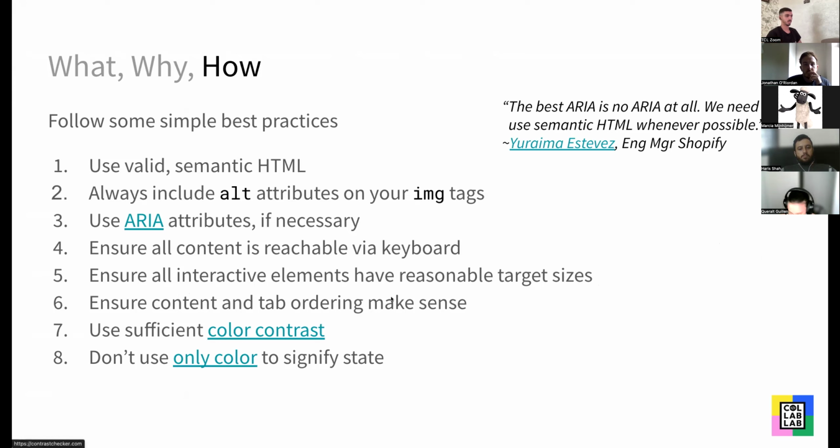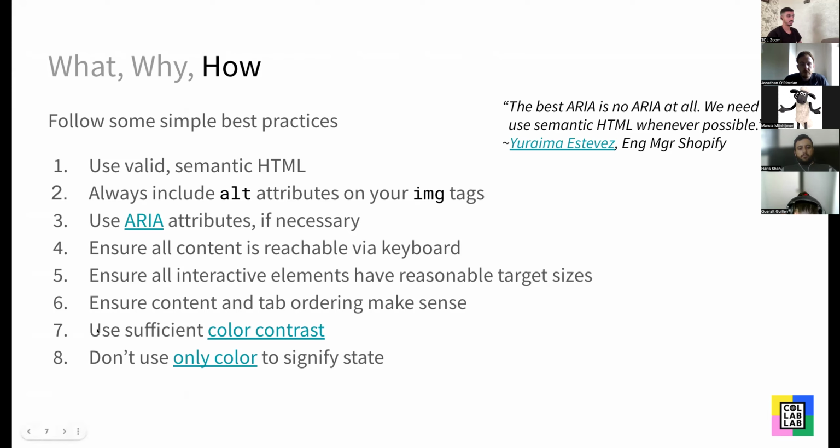Ensure the content and tab order make sense. When you tab through with your keyboard, make sure that the order does make sense. This is achievable by the structure of your HTML. You can always play around with everything in your website with CSS, but the HTML order should always make sense.